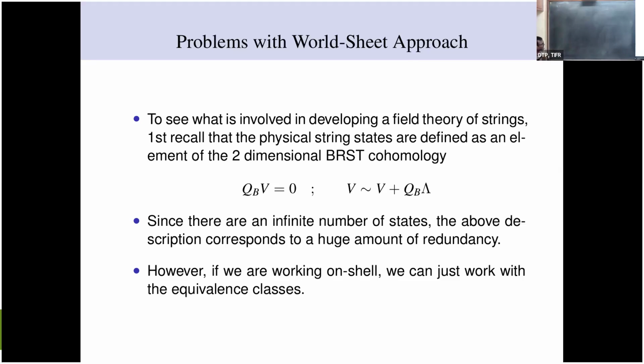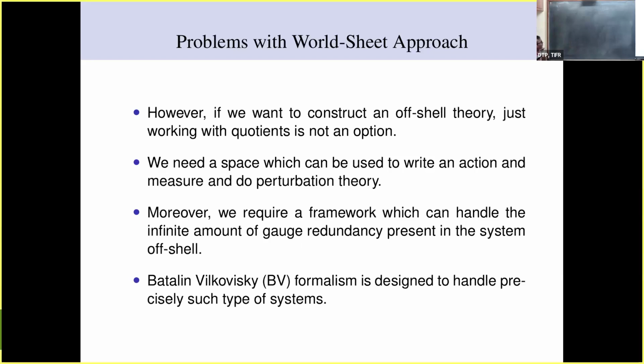And since there are an infinite number of states, this is a huge amount of redundancy. But if we are just working on shell, then we can just work with equivalence classes, and it's fine. The problem arises if we want to construct an off-shell theory.